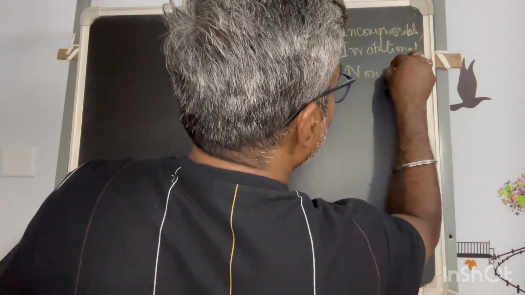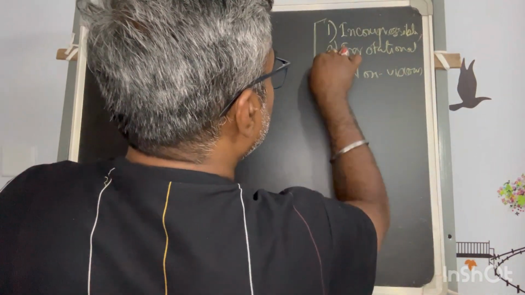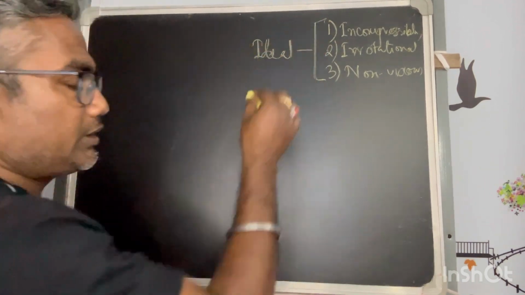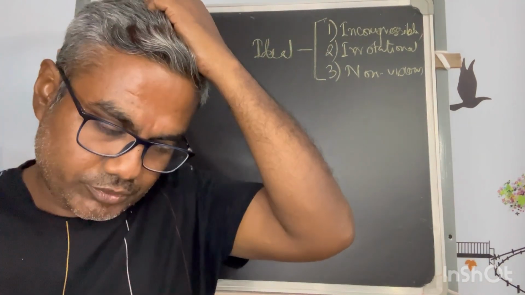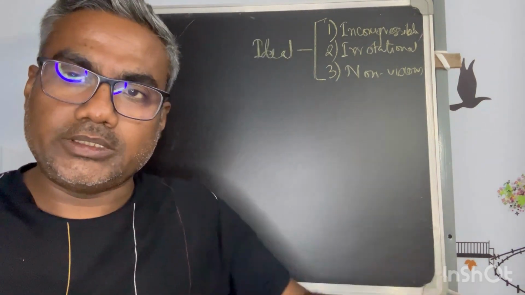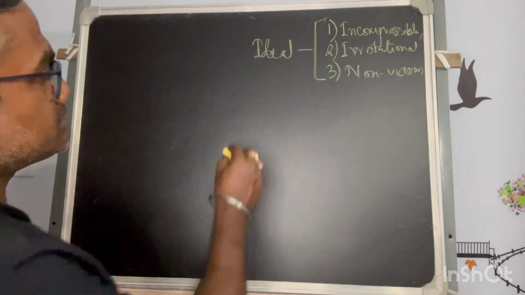So these were the three conditions on which we said we are talking about ideal fluid. I am repeating every time so that it will be a recapitulation of the earlier subjects that I have taught, and you can get a bridge to the next subject. So this is ideal fluid.